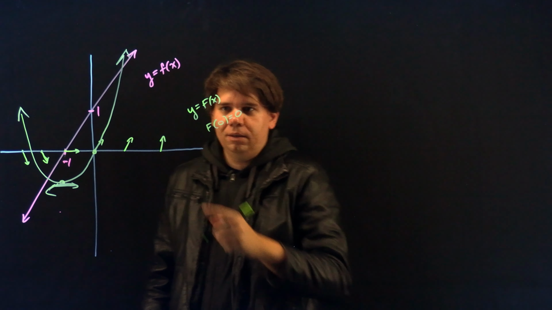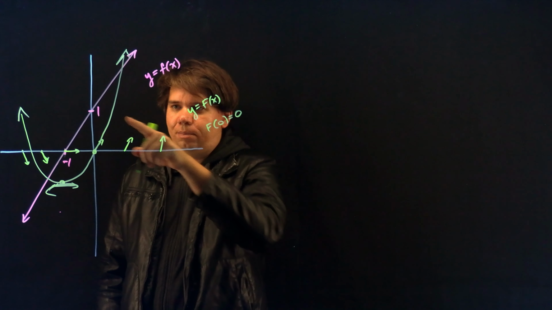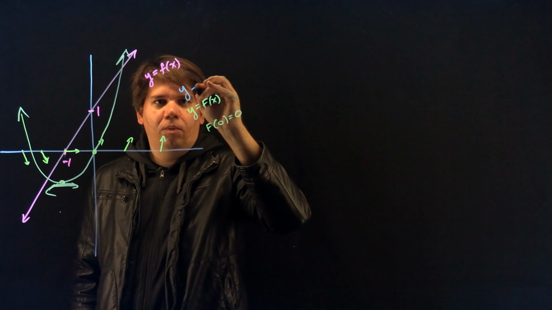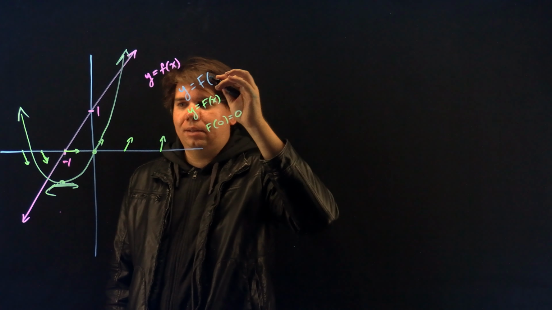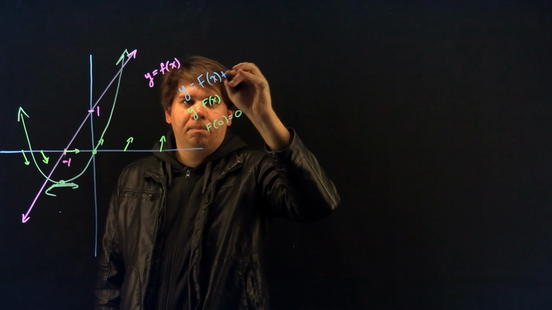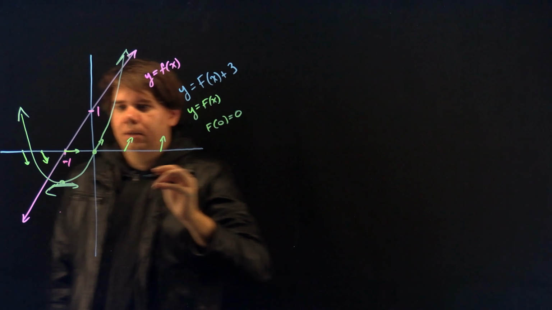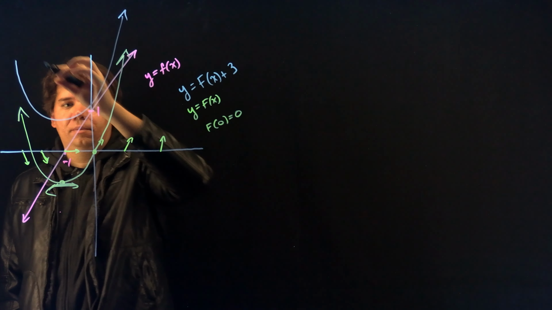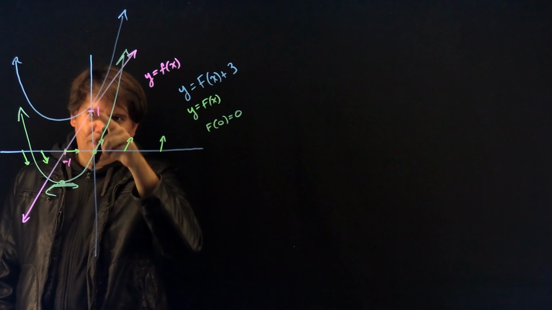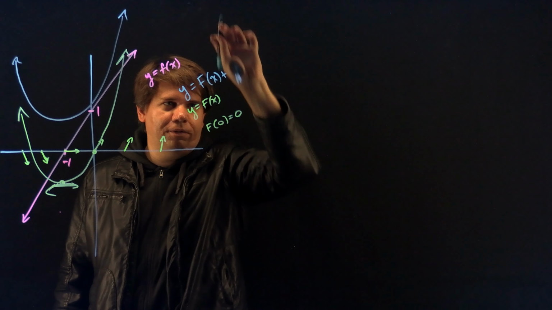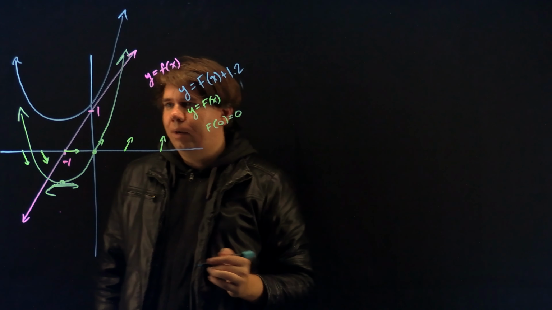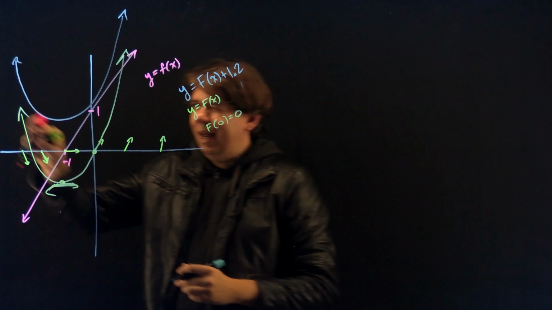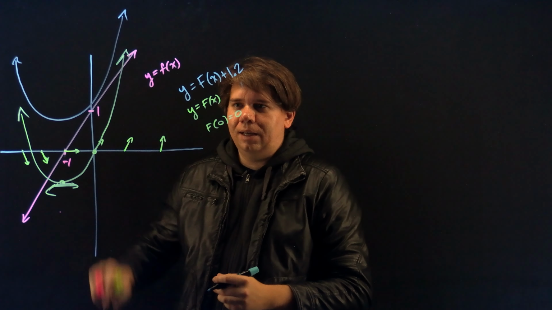If this is my F of x, I could instead draw the graph of something like y equals F of x plus a constant, say y equals F of x plus 3, and it would be the same graph, just shifted up some. I guess this is probably shifted up less than 3. Maybe let's shift it up like 1.2 or something. Whatever it is, I've just shifted this graph up some, but it has the same slope.